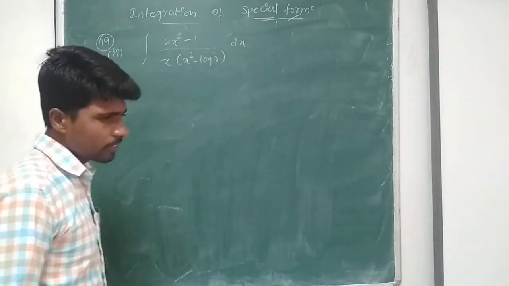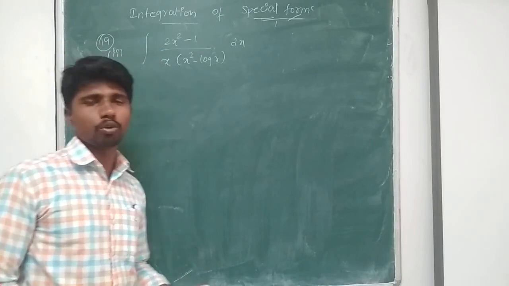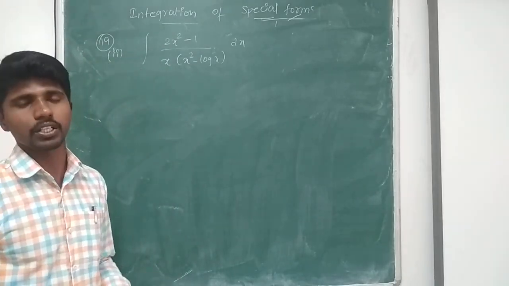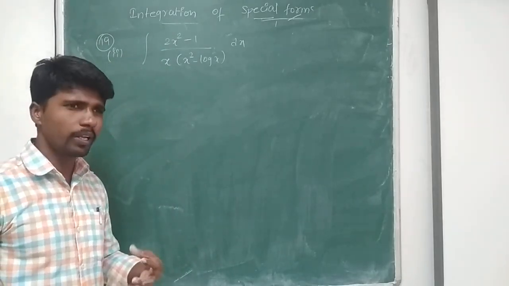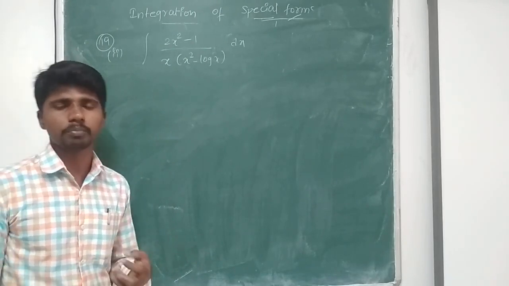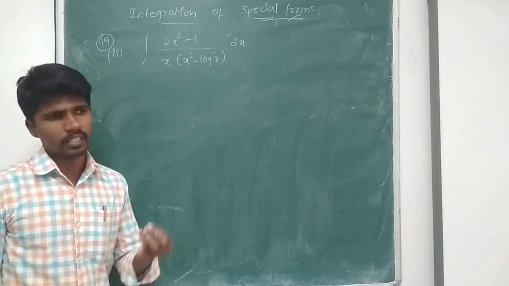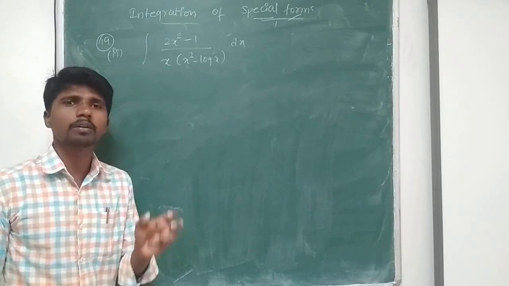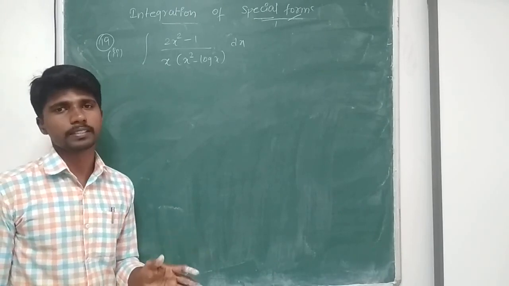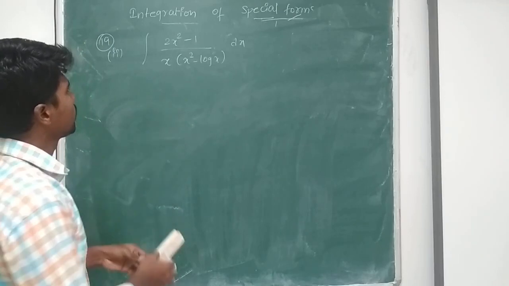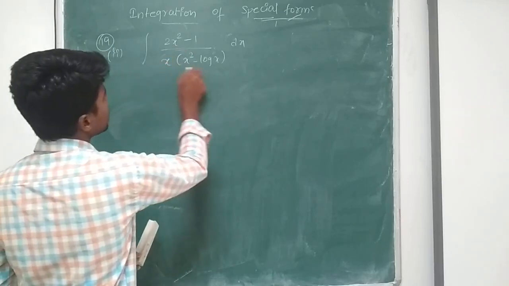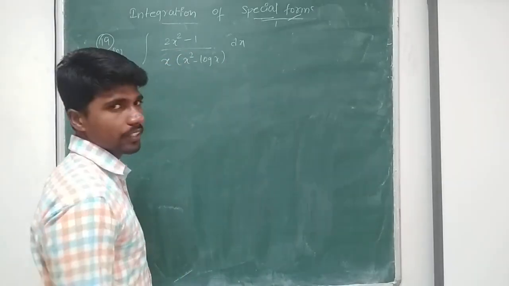See, in the beginning itself, we may or may not know what to consider as a function and its derivative. By practicing more problems, definitely we can do it. Integration requires more practice, right? So for this, by seeing the denominator, we should not consider this particular part as f of x.